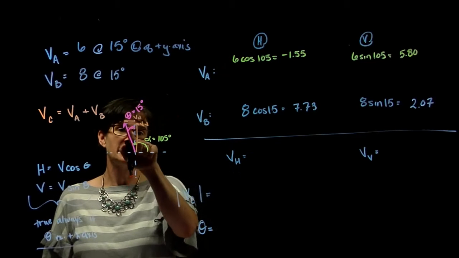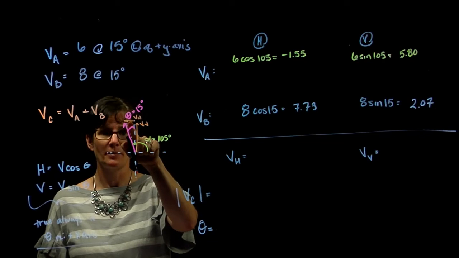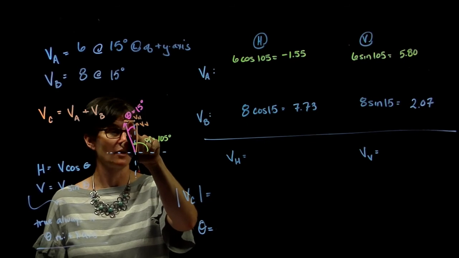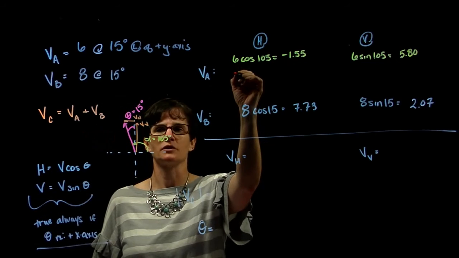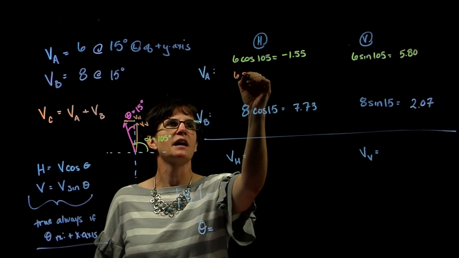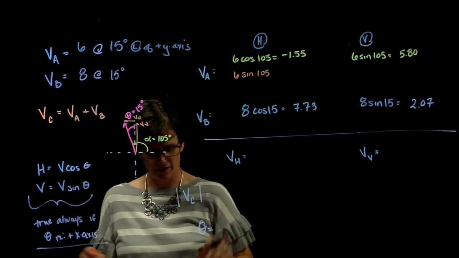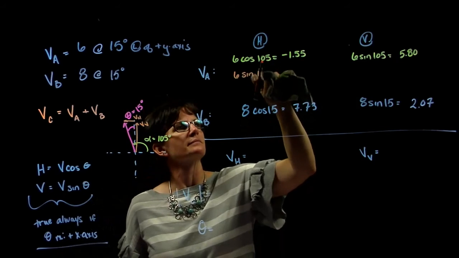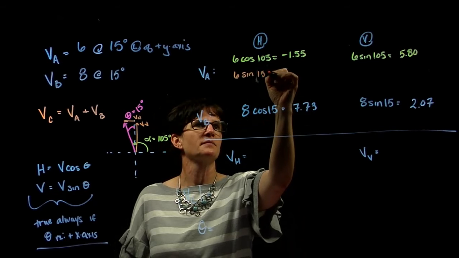This angle 15 is opposite the horizontal component, and so my relationship to get horizontal would be 6 times the sine of 15.